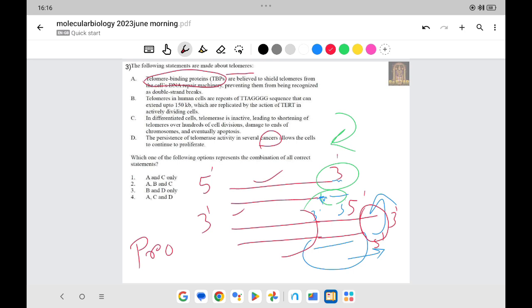That is totally true. The next one is that telomeres in human cells are repeats of TTAGGGG. That is not true. This is the repeat of TTAGGG. One G is extra, and that is not in the list. And the statement says this sequence can extend up to 150 kb. 150 kb is too long.